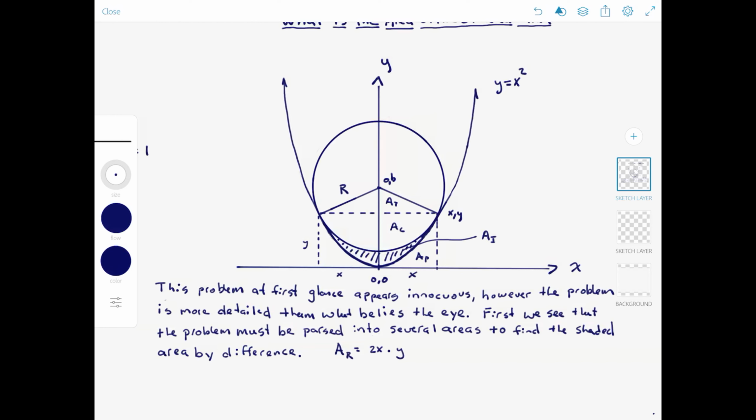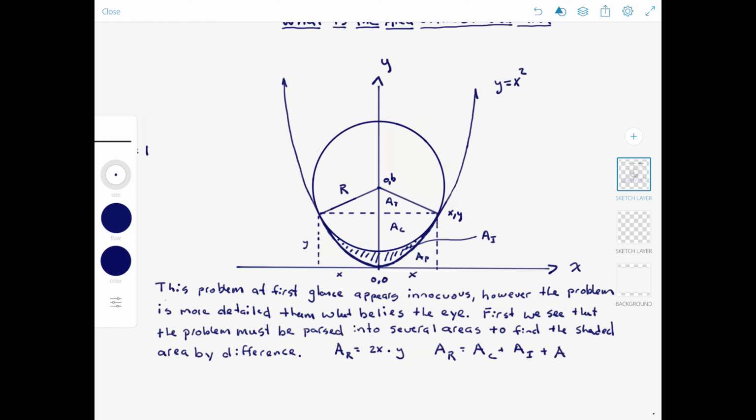And so when we take the area of the circle between the two points x, y and negative x, y, we have to remove that portion of the triangle that results at the top, that area AT. So we have a pretty interesting problem, and I've written out in general what we're going to be doing.